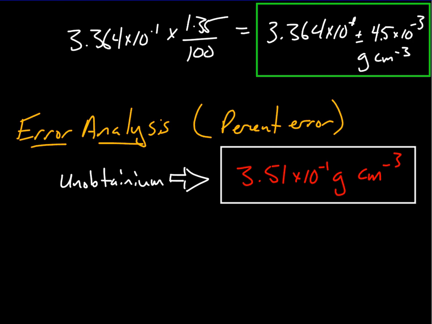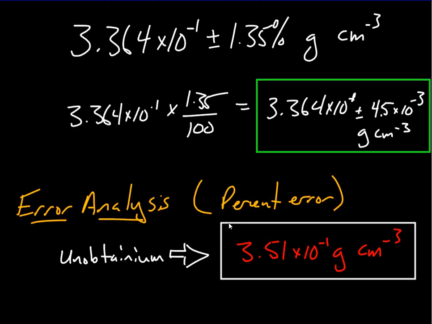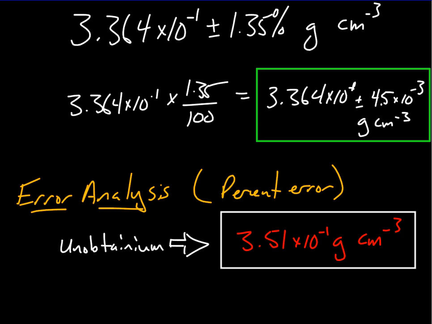Okay, so just before we get into the official way to do this, the quick thing that we can do is say, okay, the value that I had here, 3.364 times 10 to the negative 1, I could see that the true value is higher, so my value is a little bit low. But seeing as how I have an uncertainty range on here, what's the highest value mine could be? And is it above this or not?